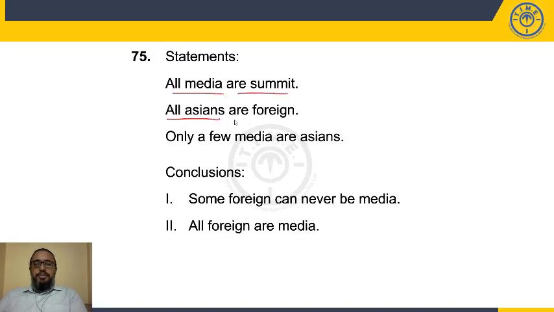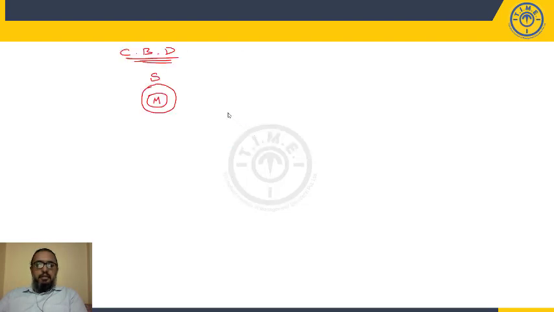Then all Asians are foreign. We'll come back to that because these are two different entities. Then only a few media are Asian. And we have all Asian are foreign. So this is going to be the combined basic diagram that you have.